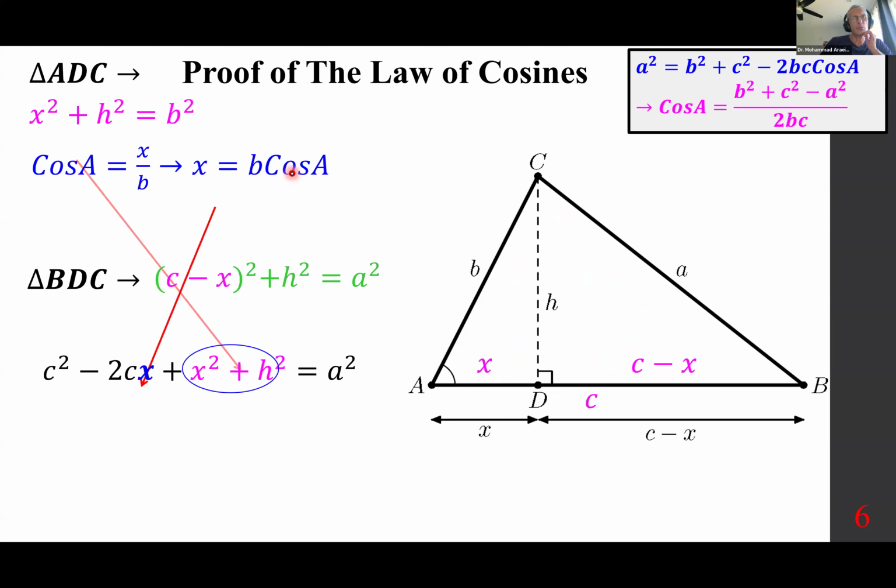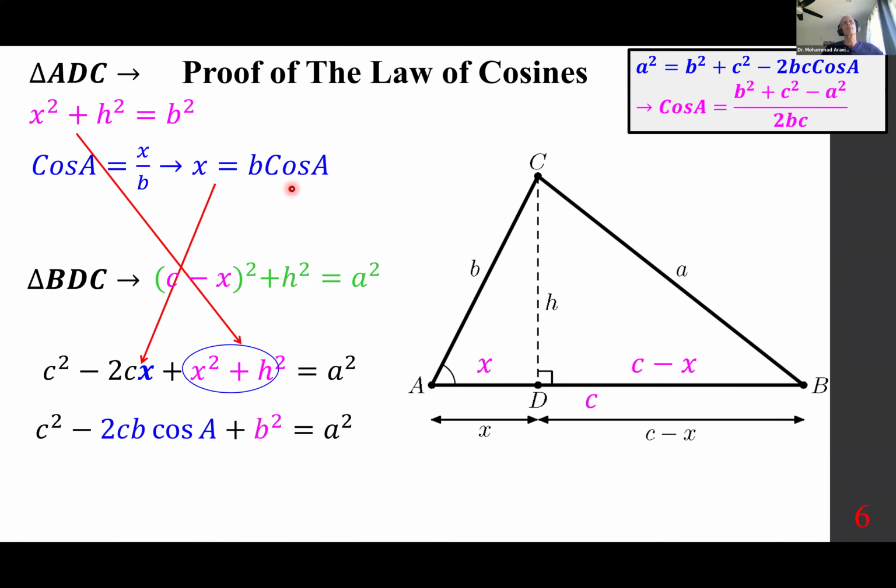So we're going to replace this one with this one, and we're going to replace the X with B cosine A. So it's very straightforward, everybody. And so that's the proof. A squared equals B squared plus C squared minus 2BC cosine A.